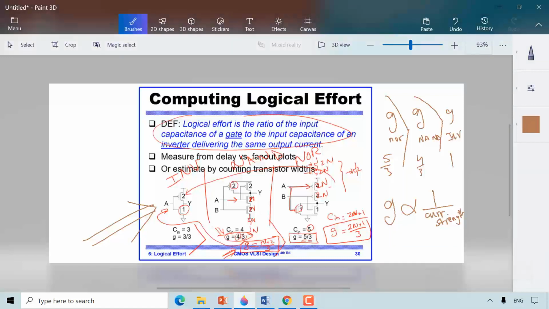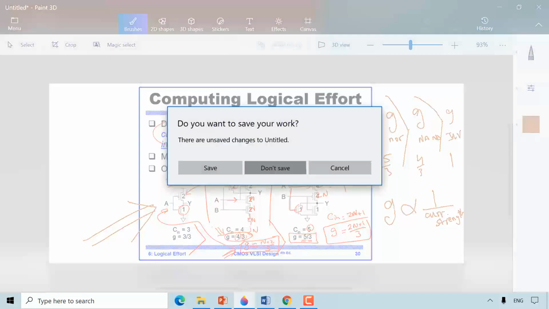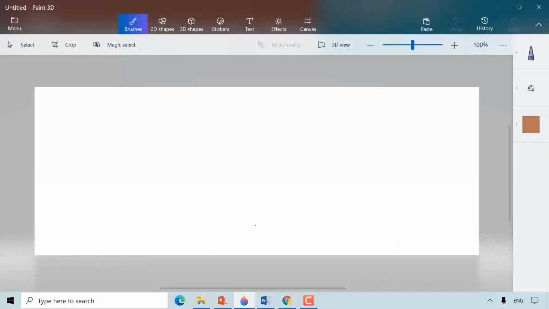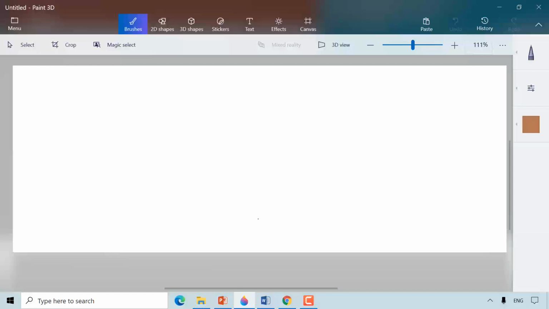So let's now discuss the path logical effort, the computation of the logical effort for path delay. Basically what we have done so far, let me split the screen here into three parts. What we have done so far, we computed the delay for one stage.